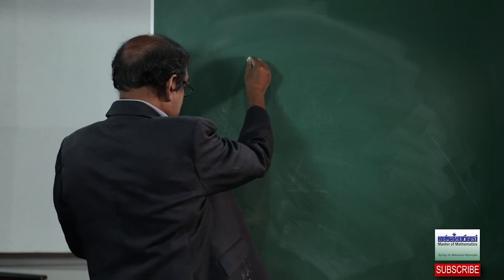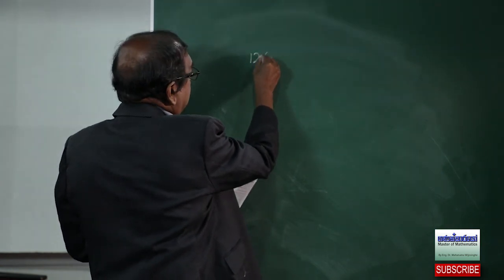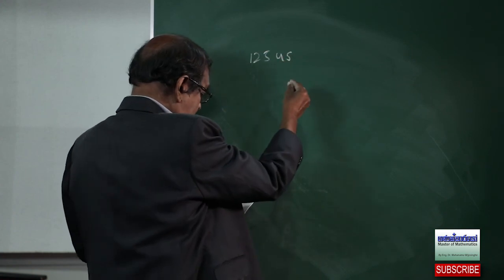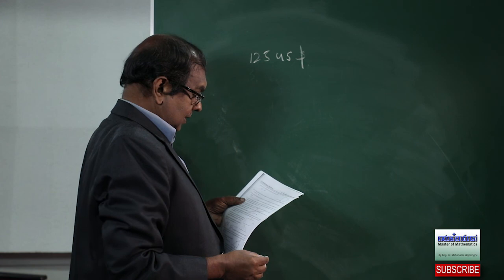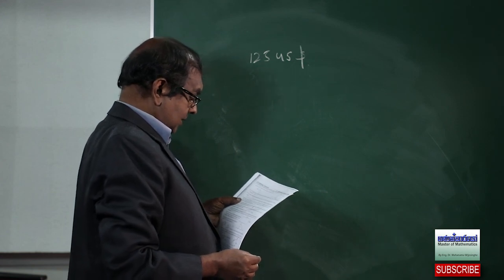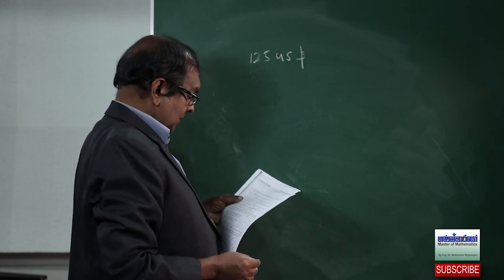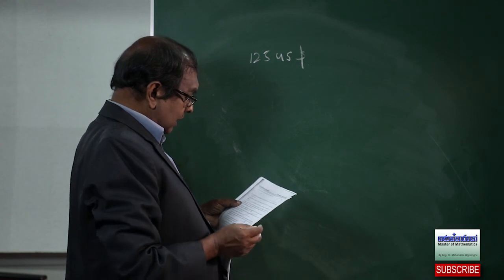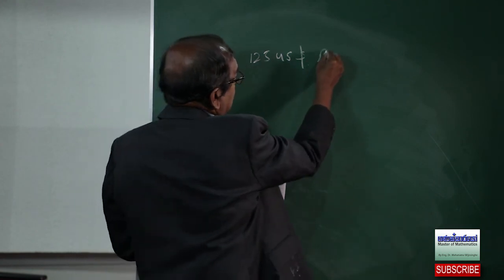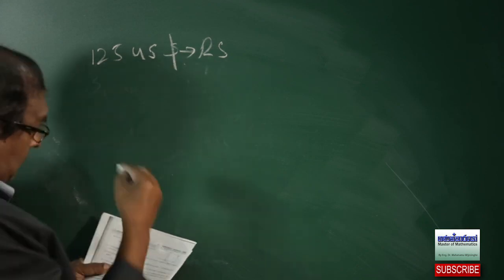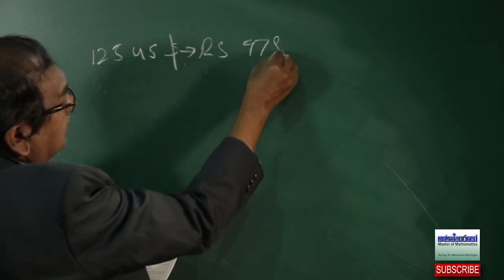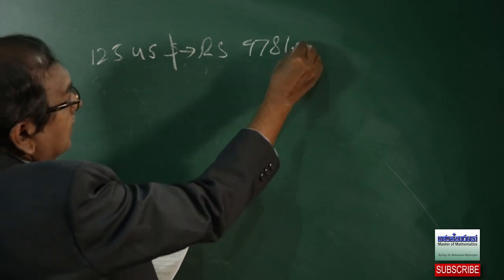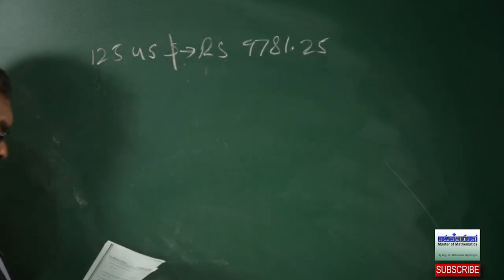It is mentioned 125 US dollars, the check cashed by the son. Then the father received the money in rupees, 9,781 and 25 cents.